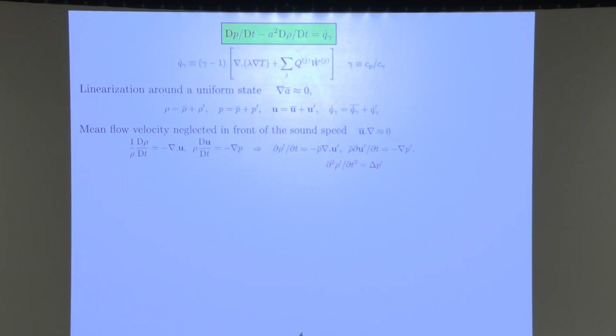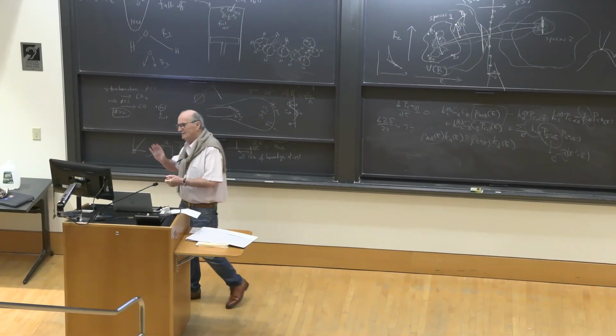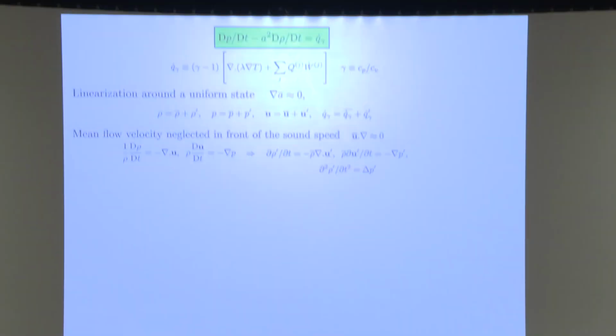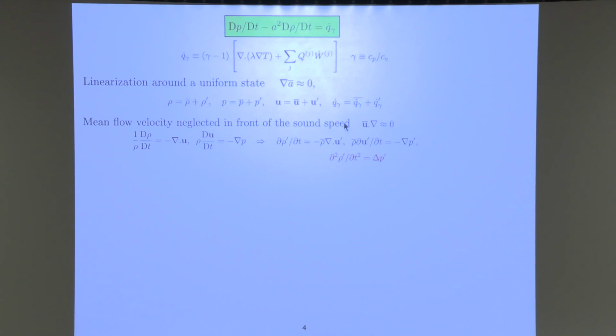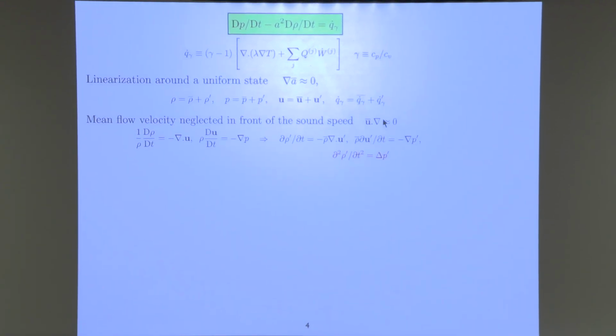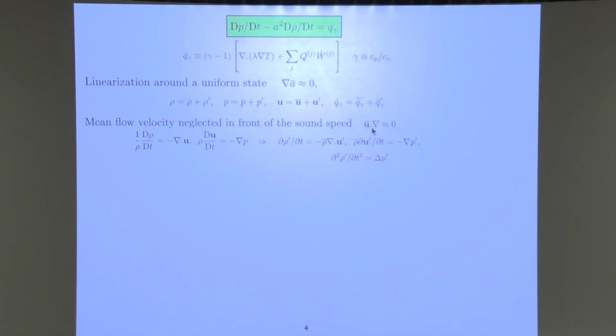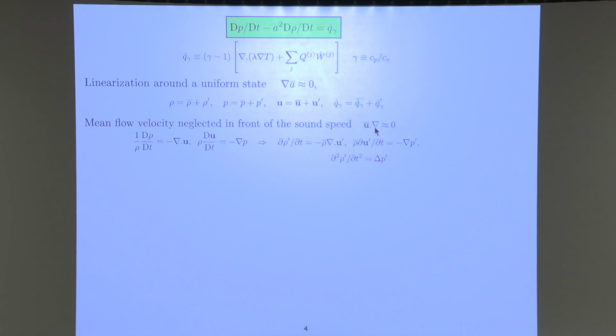A simplification also occurs when you consider that the mean velocity that you may have in your vessel, for example in a rocket and so on, is smaller than the speed of sound. This simplifies a little bit. So in that case, you can neglect the convective term U grad in front of the acoustic term of A grad.